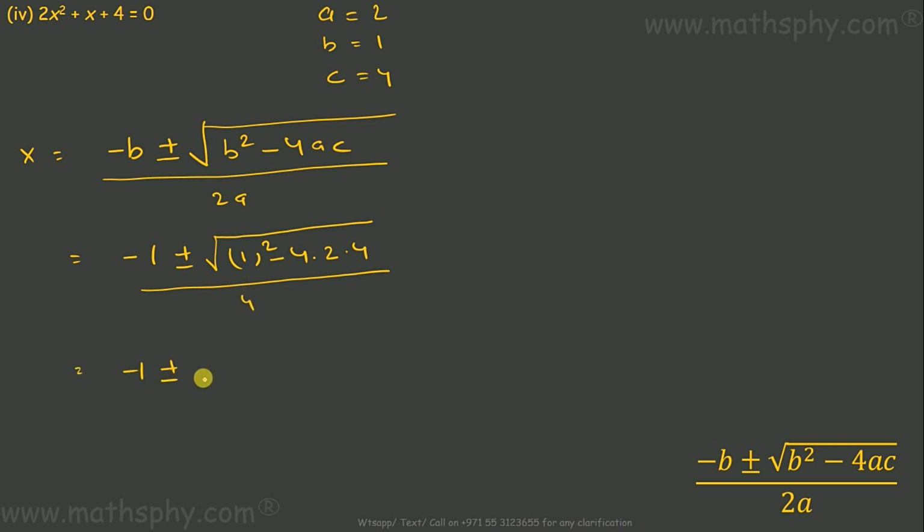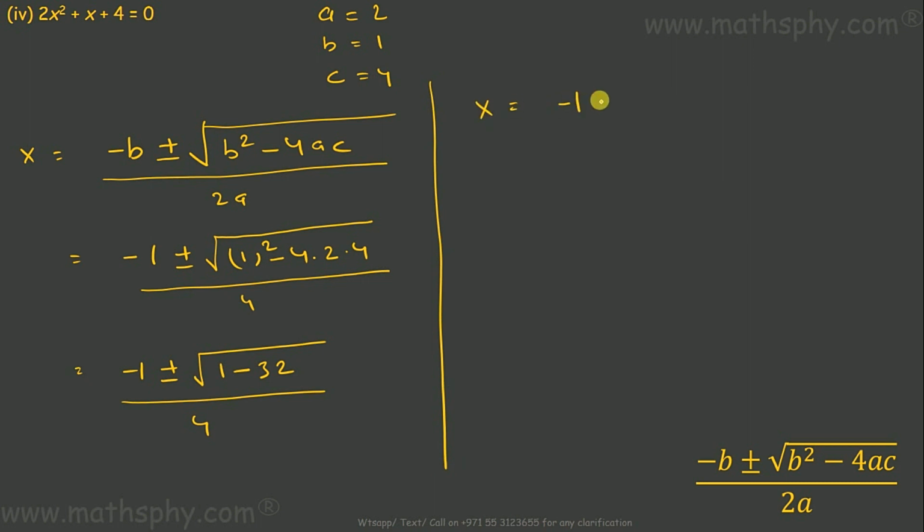Negative 1 plus minus root 1 minus 32 over 4. So x is equal to minus 1 plus minus root negative 31 over 4.